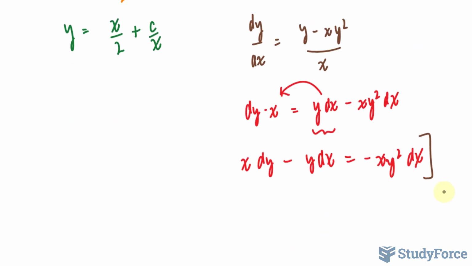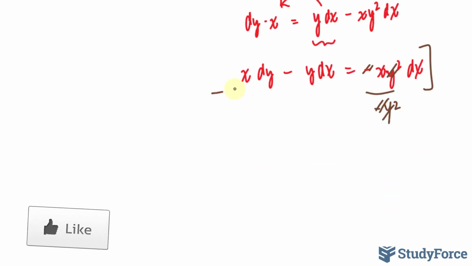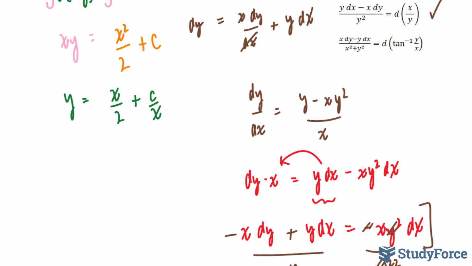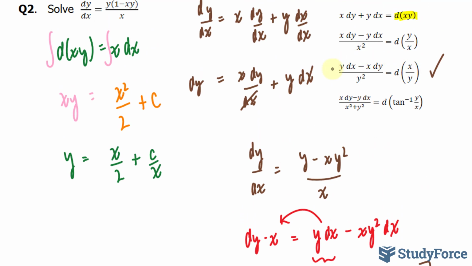So what I can do is divide both sides by negative y squared, and if I do that, this will cancel out with this. Leaving this negative out here, at the bottom we'll have y squared. This negative will influence the sign of this term and make this negative into a positive. Now we have an exact match to this combination.